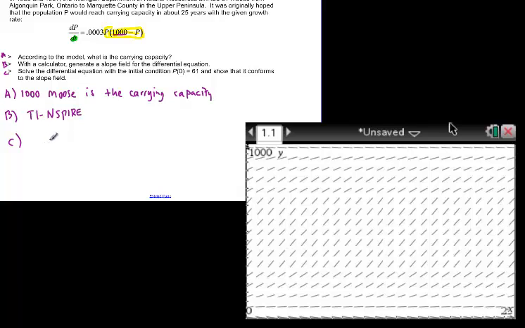So what I've got, when I do that, is dP over P times (1,000 minus P) equals 0.0003 dt. And if you'll notice, what I've got on the left is a partial fraction decomposition.